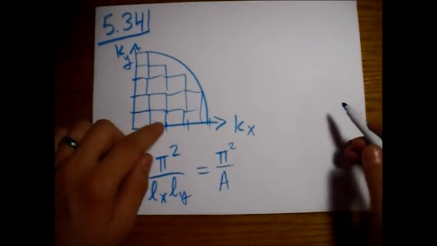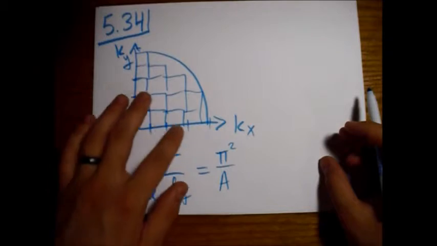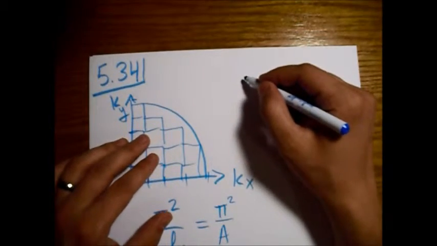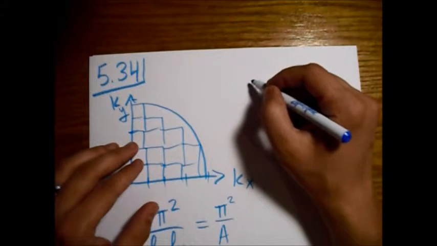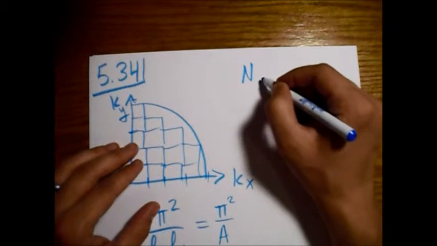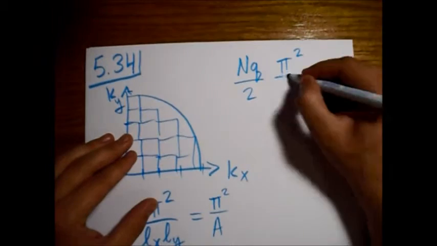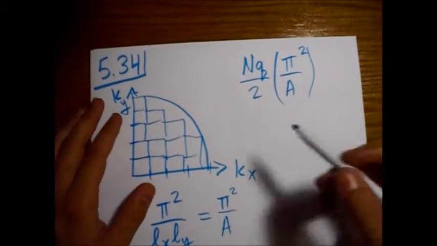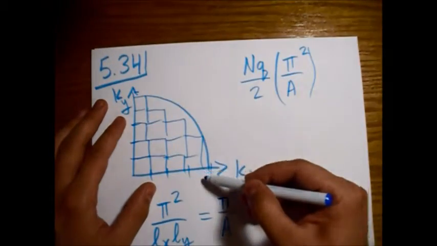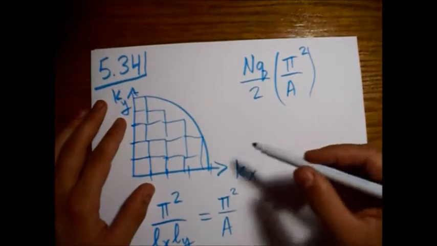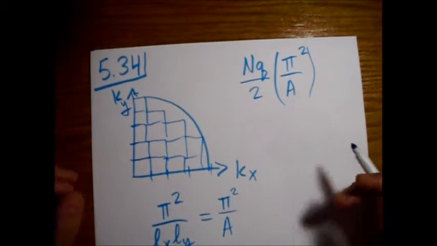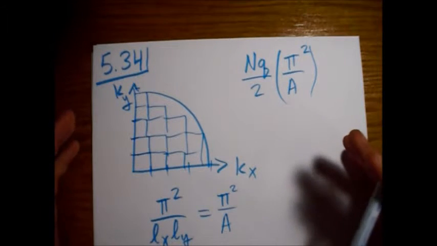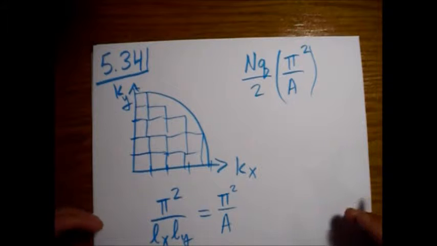And so if we were to add up these little cells, we'd get the number of cells times pi squared over A. On the other hand, in 3 dimensions it was an octant of a sphere, because we're only looking at positive K's.